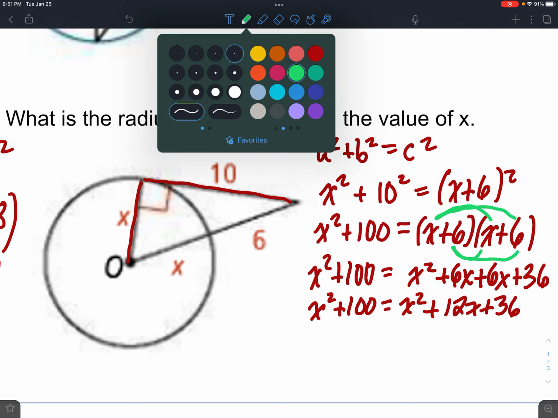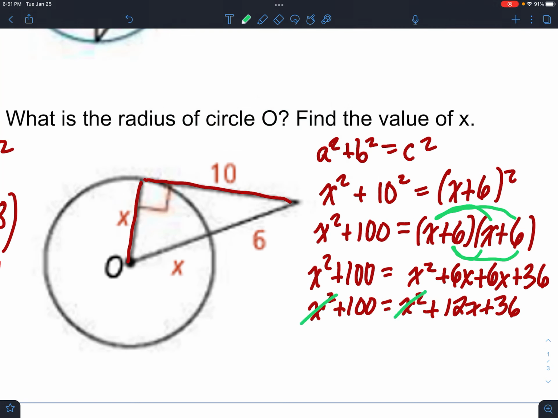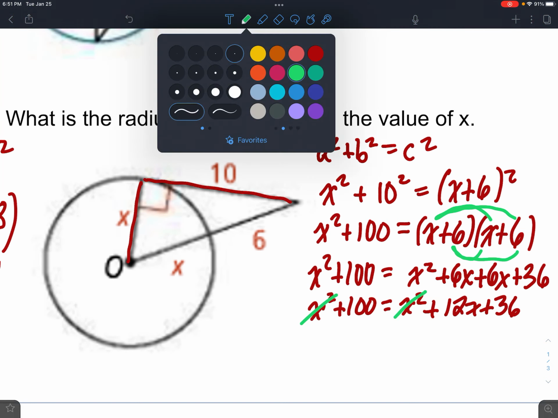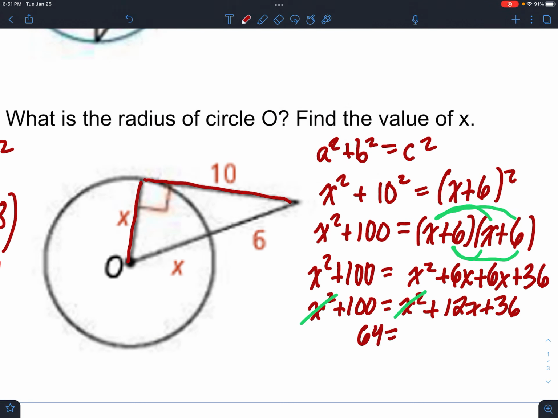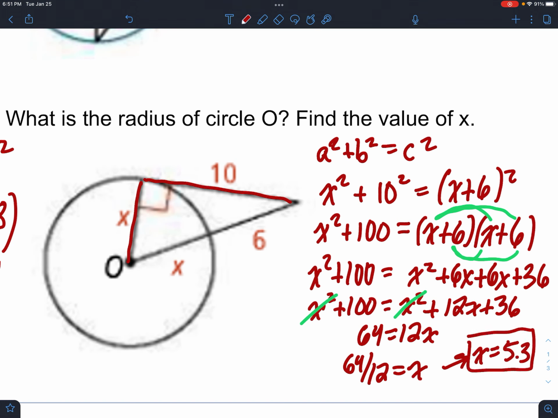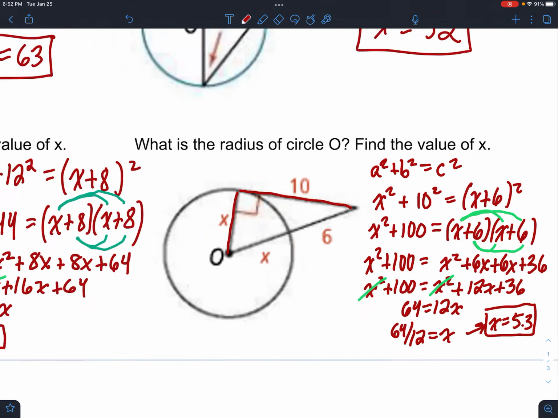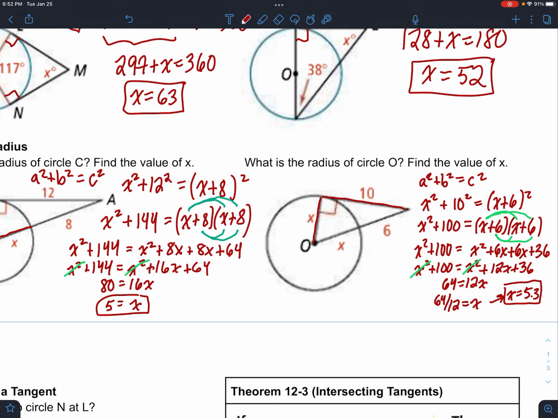So I do see again the x squareds cancel, and I want to move that 36 over and get 64. We get kind of a weird answer here, 64 over 12, but we could write that as a decimal. I'll be more clear in the instructions on the test, like what you need to do, but it's 5.333, so that's x.